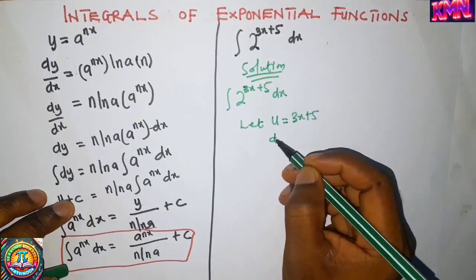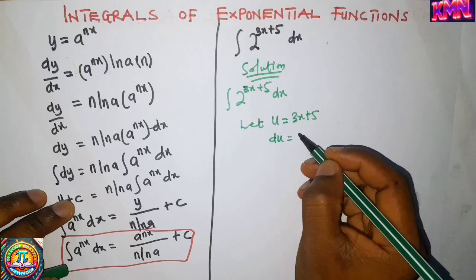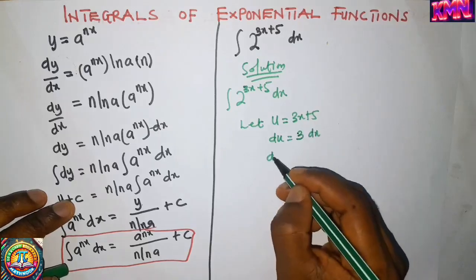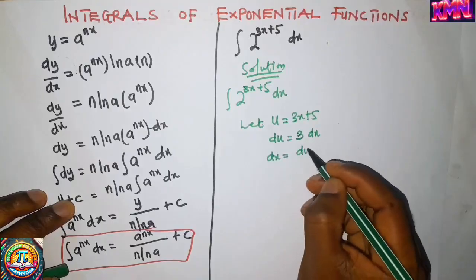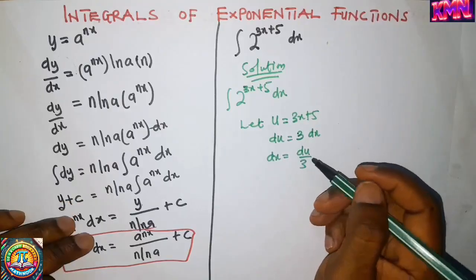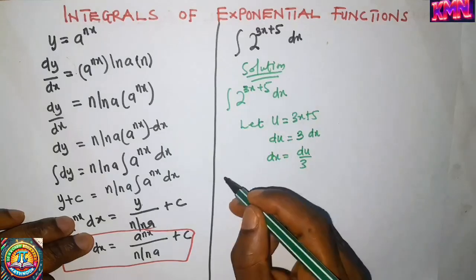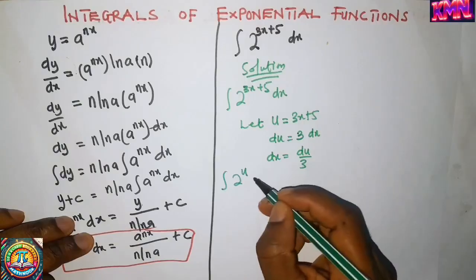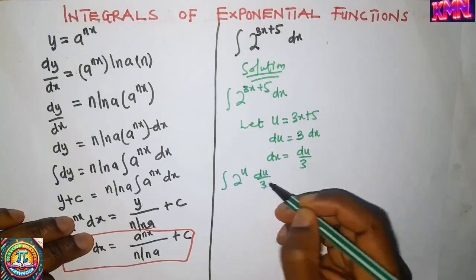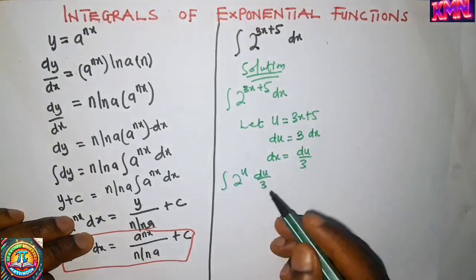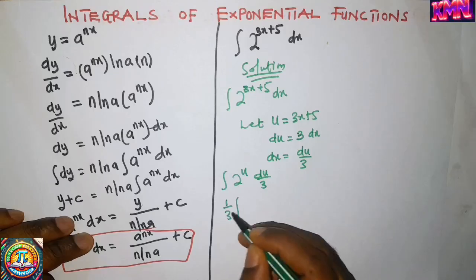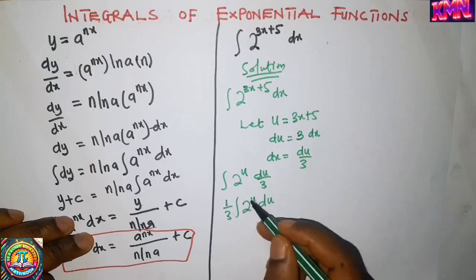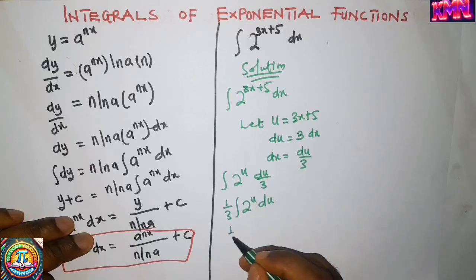Let's find du, and that will give us 3 dx. Hence dx is now du on 3. Substituting everything back, I get integral of 2^u, then du on 3. You can factorize the fraction, and that will give us 1 on 3 integral of 2^u du.